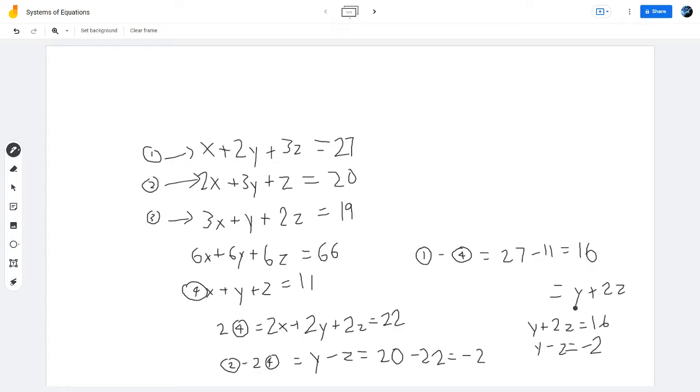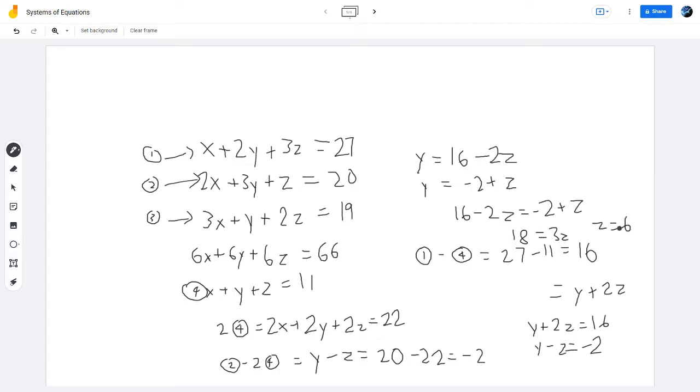So clearly, y is equal to 16 minus 2z, and we also know that y is equal to negative 2 plus z. So these two are equal to each other, and then we're going to have 18 is equal to 3z, and z equals 6.